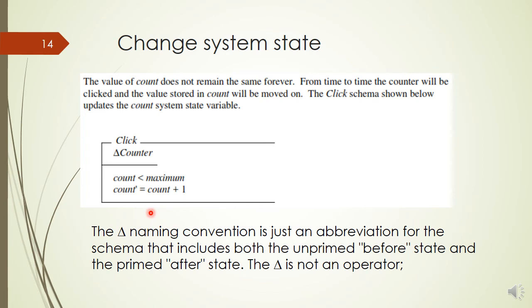So this precondition must be fulfilled for applying this operation click, and after applying the operation the count must exceed 1. So count prime is basically the postcondition value for the system state variable, which can be achieved by adding 1 to the count variable.